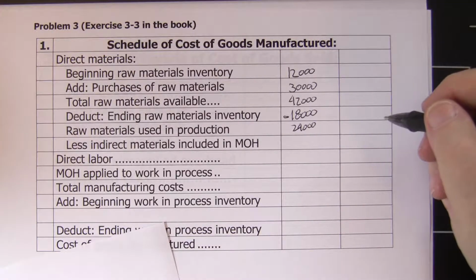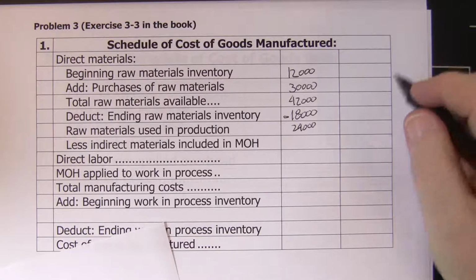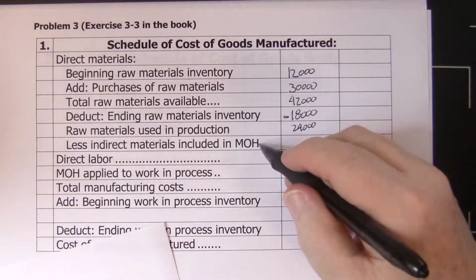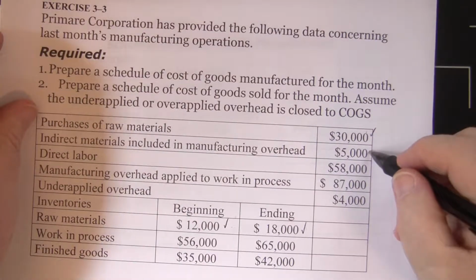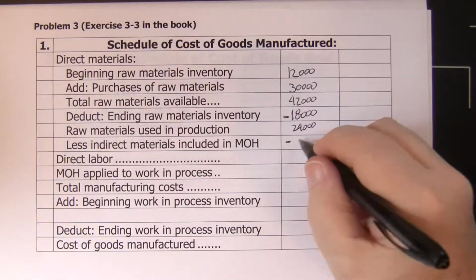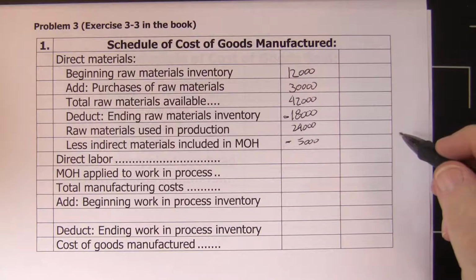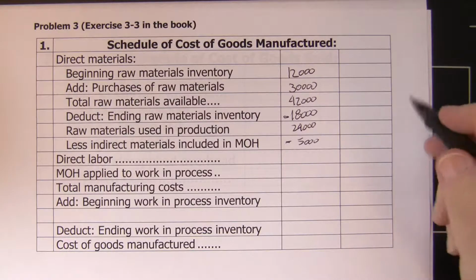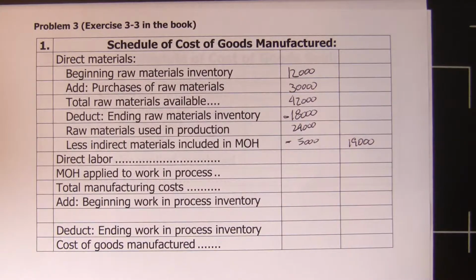And we're told of that 24,000, 5,000 was deducted for manufacturing overhead, and they give us that number. So we have to subtract that. So the raw material used in manufacture this period was 19,000.